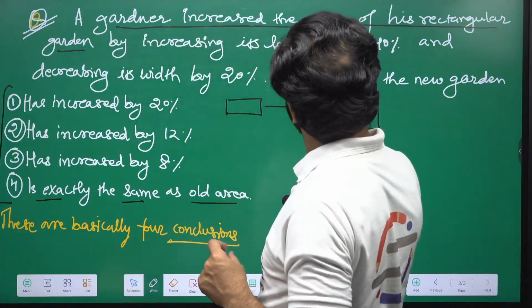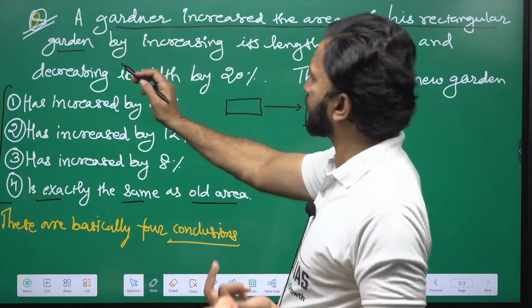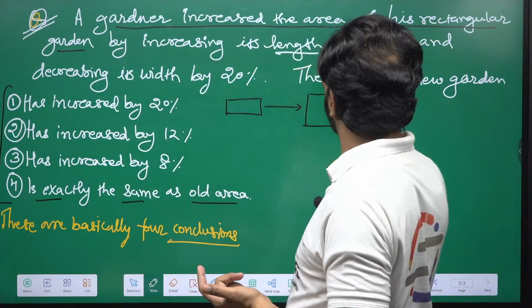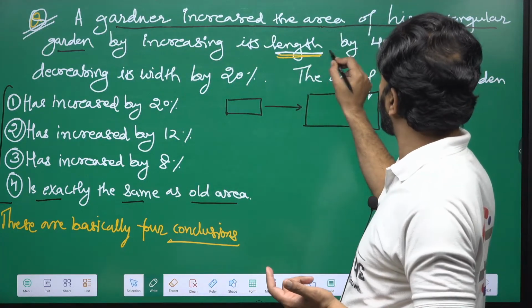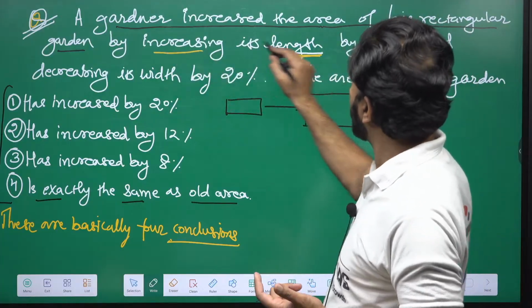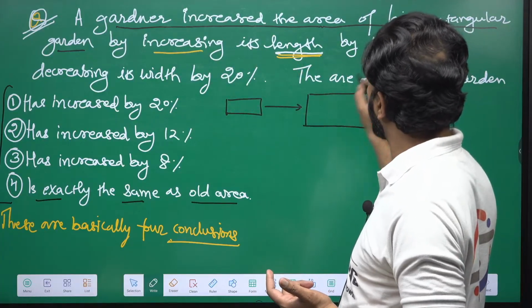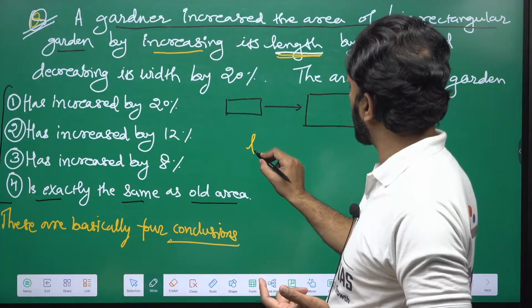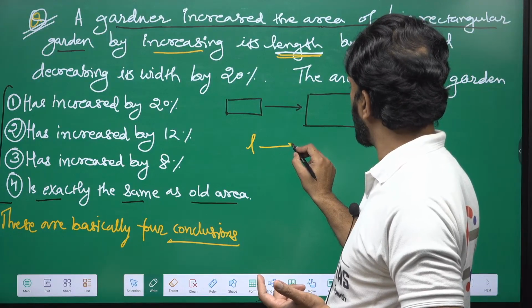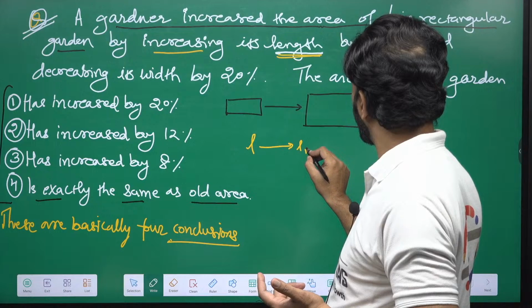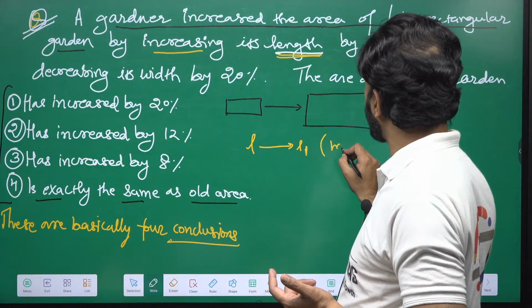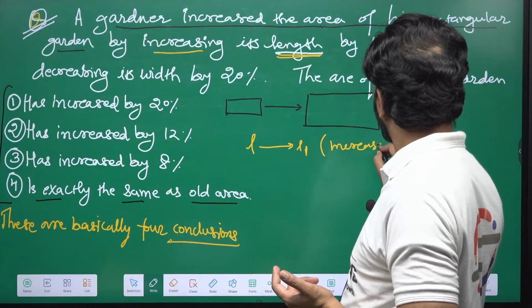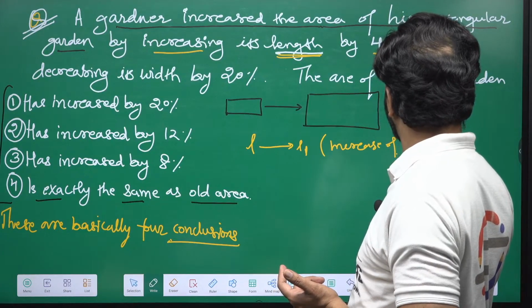A person has increased the area of his garden by what? By changing its length, by increasing its length by 40%. Initial length changed to L1. There is an increase of 40%.